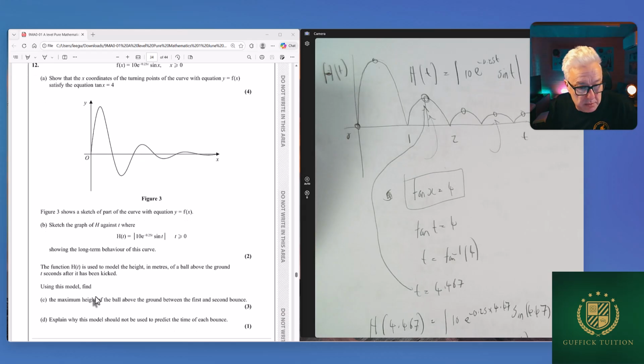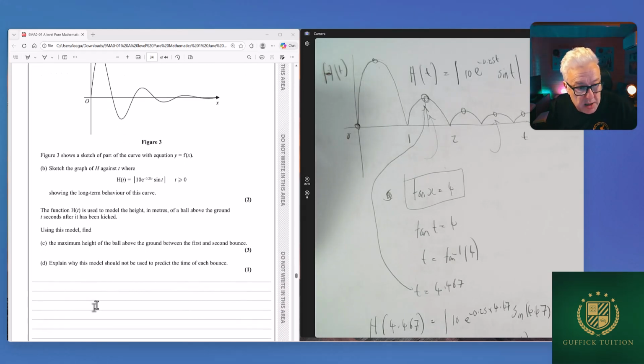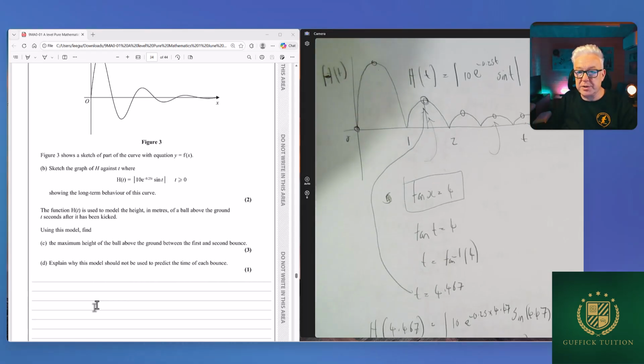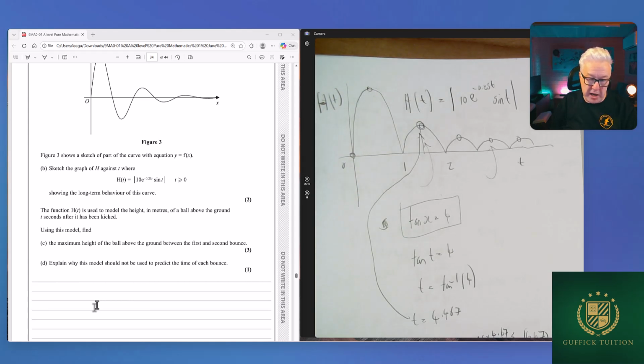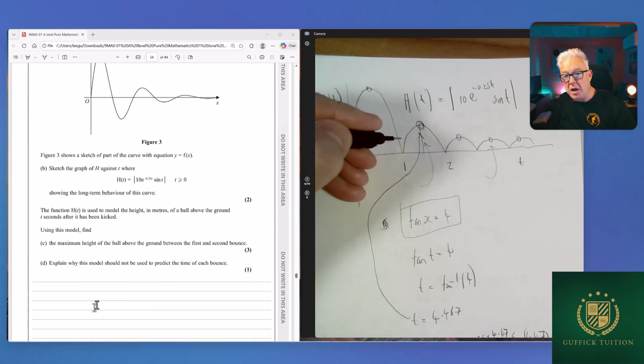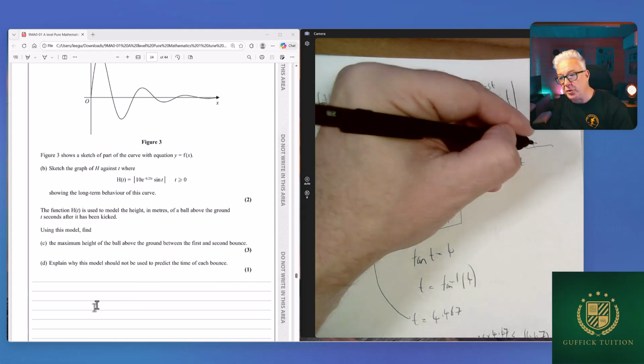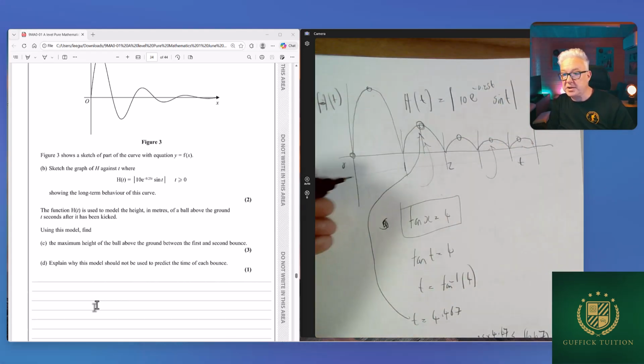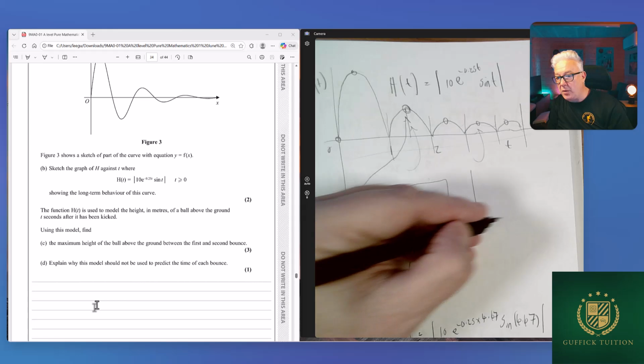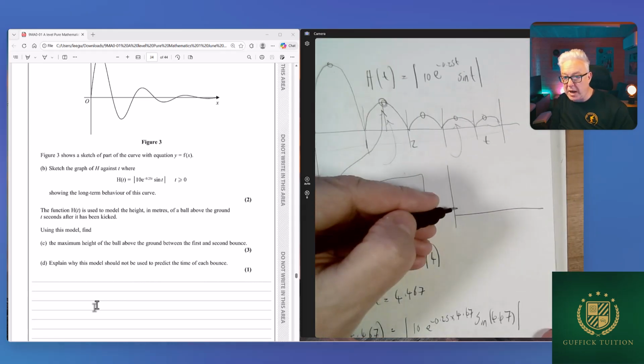Now, there's a modelling assumption next. It says explain why this model should not be used to predict the time of each bounce. Okay, so there's a real subtle difference between what's going on here and real life. Each one of these bounces in this particular model, they're all like the same distance apart from each other. However, in real life, that's not what happens.